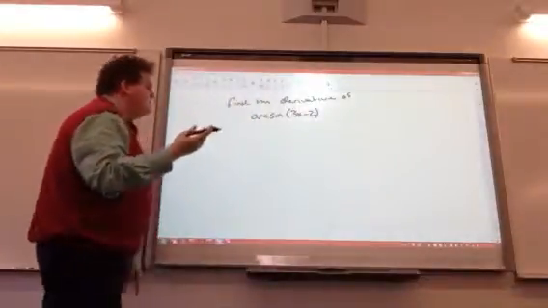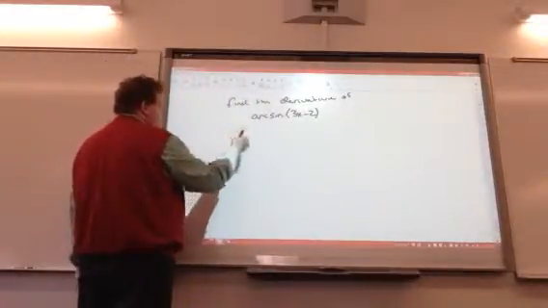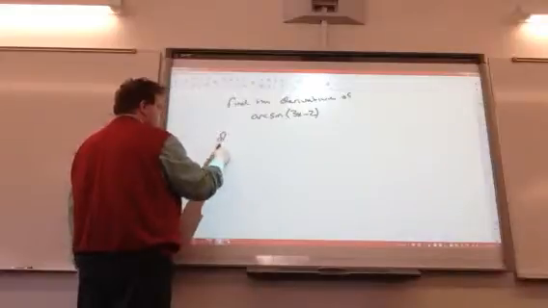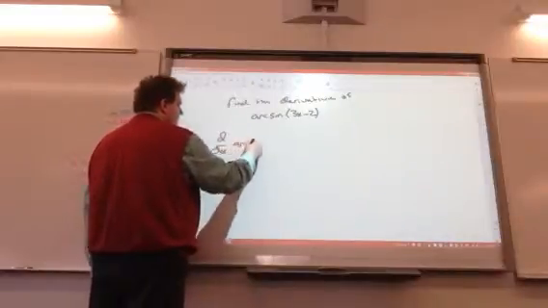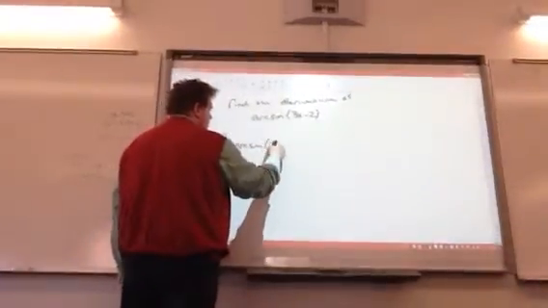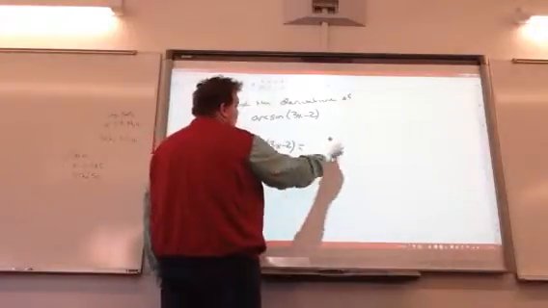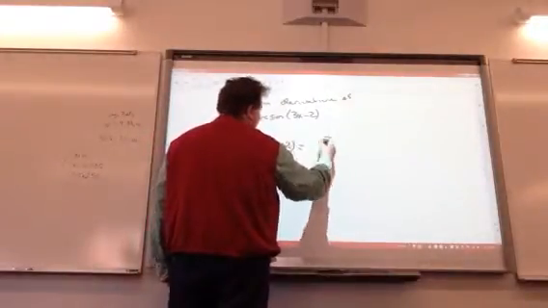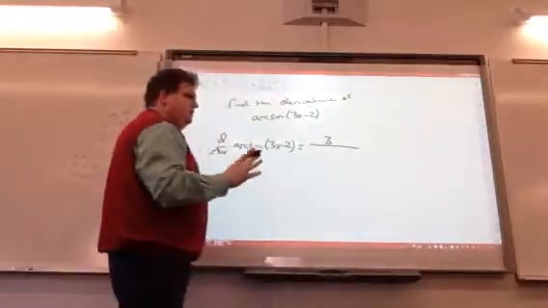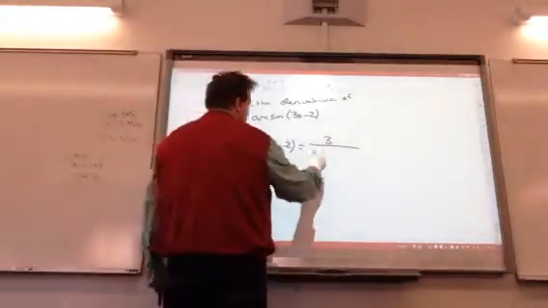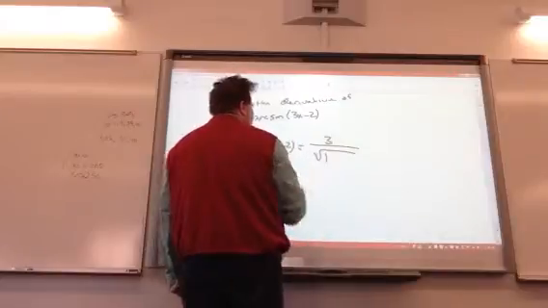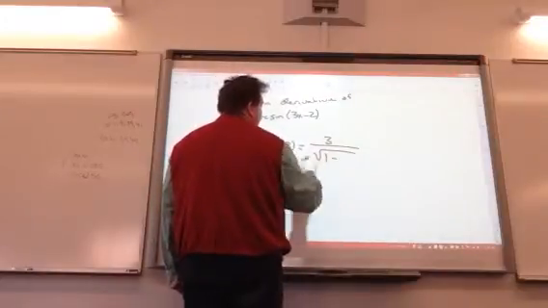So, the derivative of the arc sine is the derivative of 3x minus 2 on top, so just 3, over the square root of 1 minus 3x minus 2 squared.